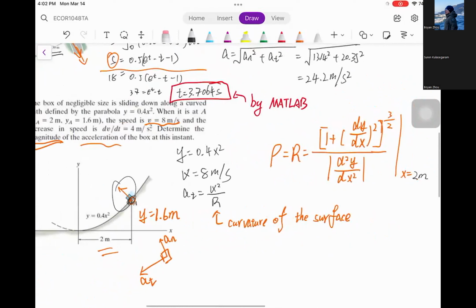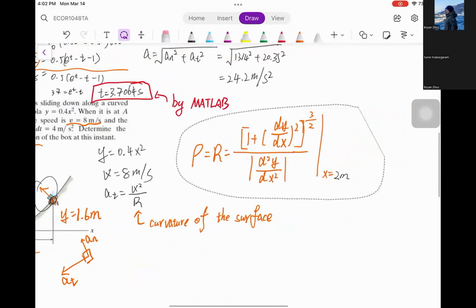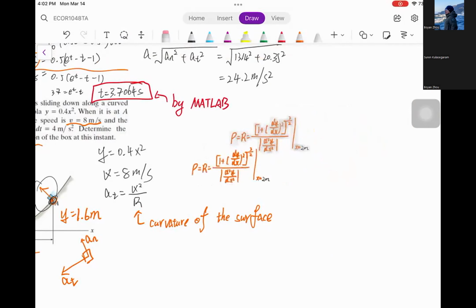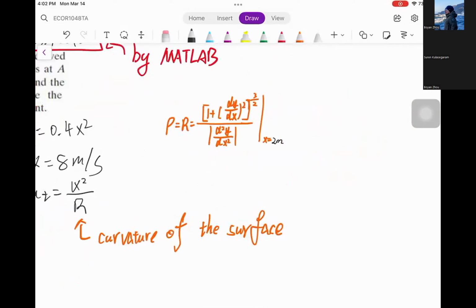Also from this equation, you can see that the curvature for this surface is going to change every time x changes. So first we're going to find out the curvature r. And this one is just the equation. Going to move it above. So here I'm just going to plug in the values.